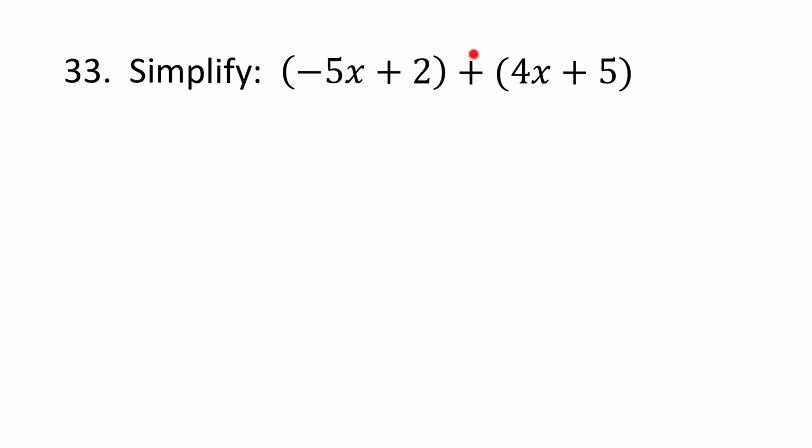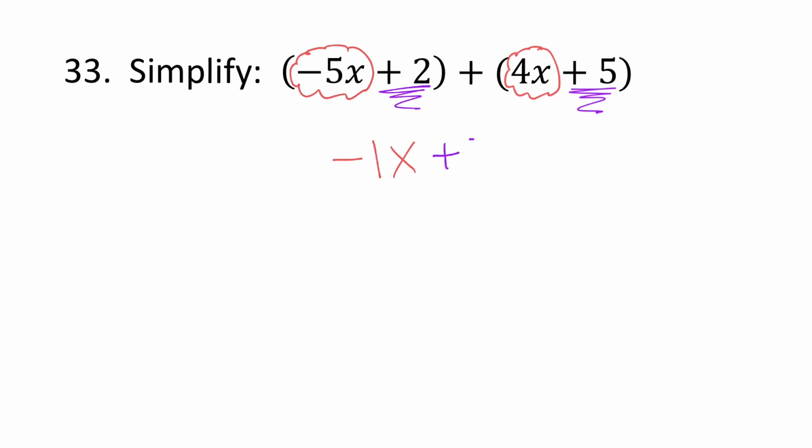When you have a plus in the middle, all you have to do is combine like terms. I'm going to look at the terms that have an x. I see a -5x and a +4x. Combine -5x plus 4x, that's -1x. Then look at the constants: +2 plus +5. 2 plus 5 is 7.